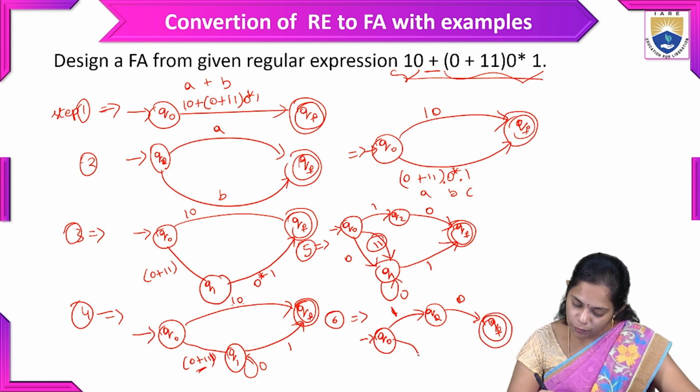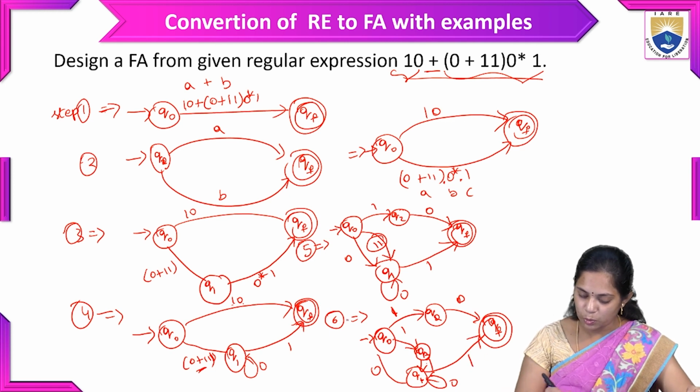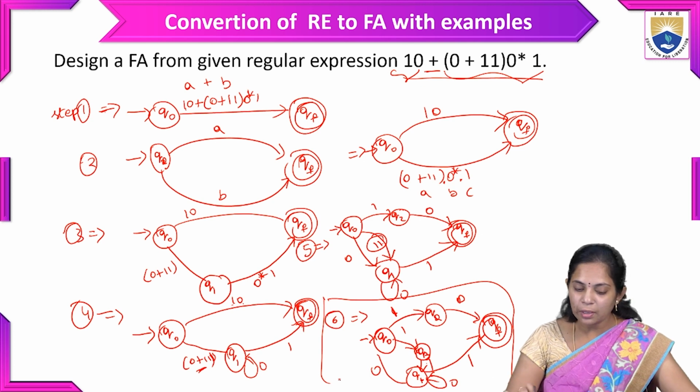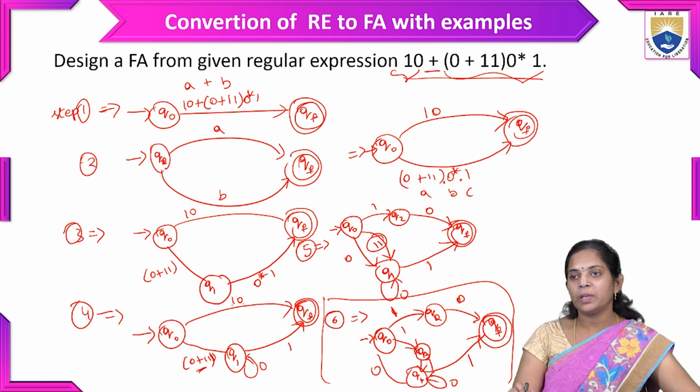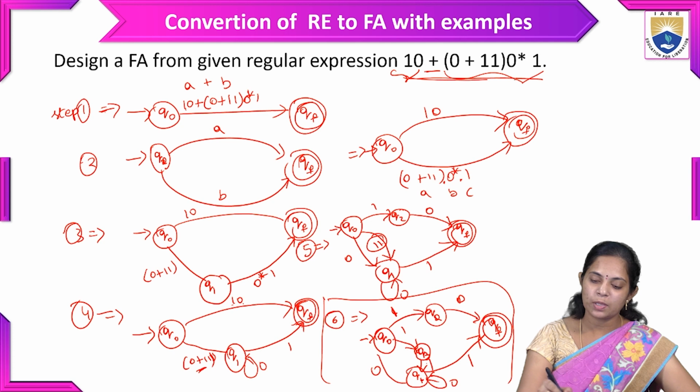Here 1 1 is there, so we are adding one more state, Q3, and between Q0 and Q1 we are taking this 1 1 representation, and 0 with the self loop 0, reaching Q1 with the input symbol. So this is the final finite automata for the given regular expression.